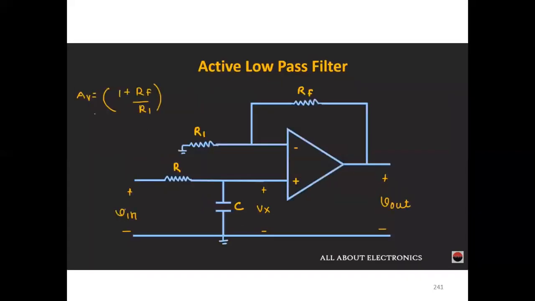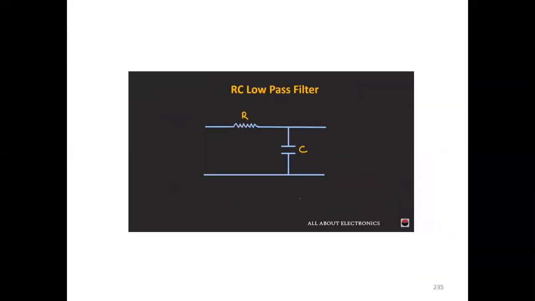Let's review the overall applications of the operational amplifier. Initially we discussed the sign changer, scale changer, and voltage follower. These three are basic applications. If we want to change the sign of a signal, we use a sign changer.